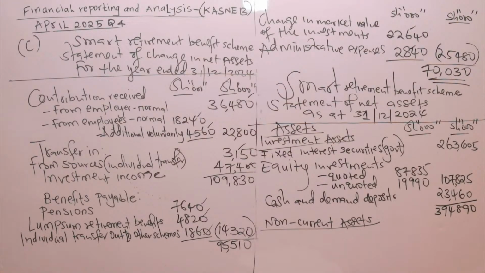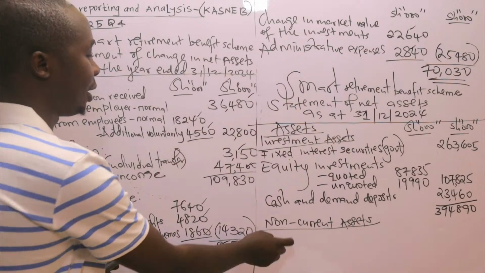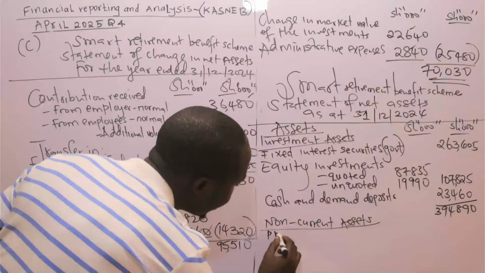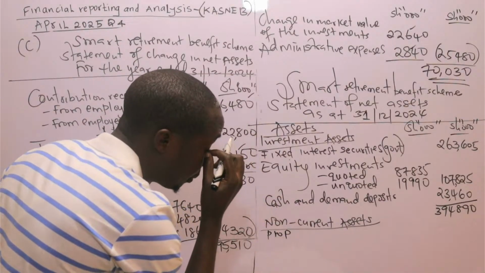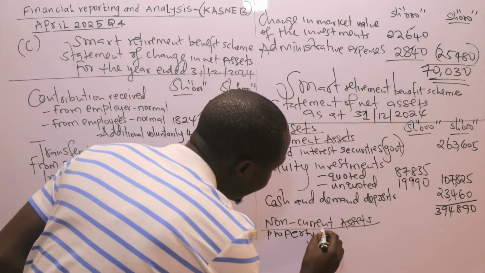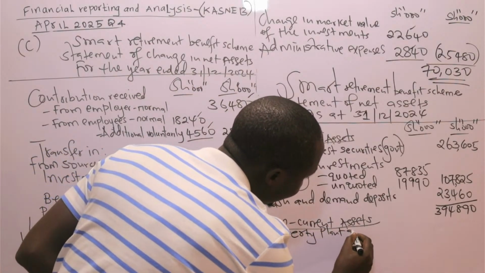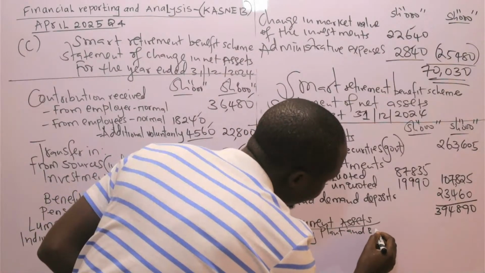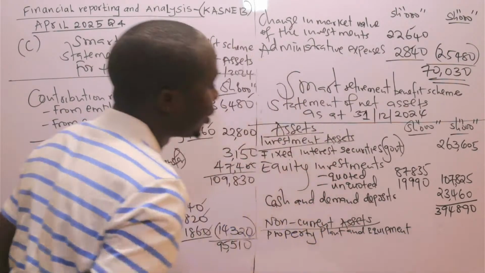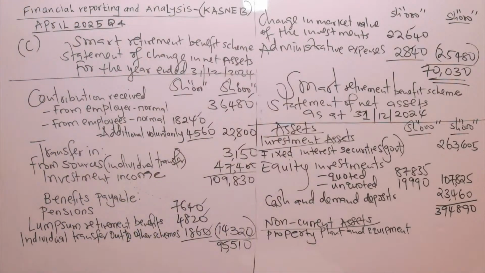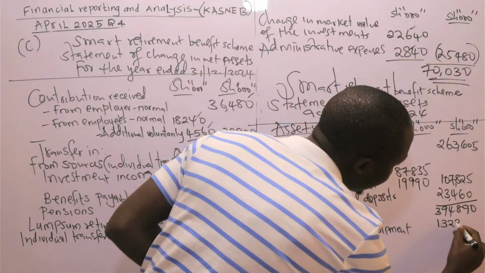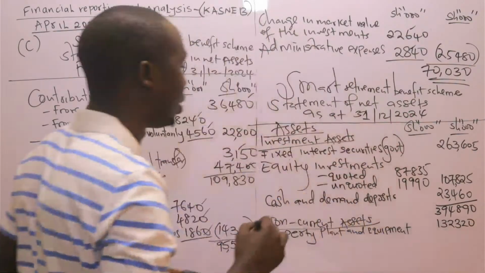We have other non-current assets within the entity, like property, plant, and equipment, where we have buildings, machinery, motor vehicles and others. So property, plant, and equipment is 132,320. That is the only one.